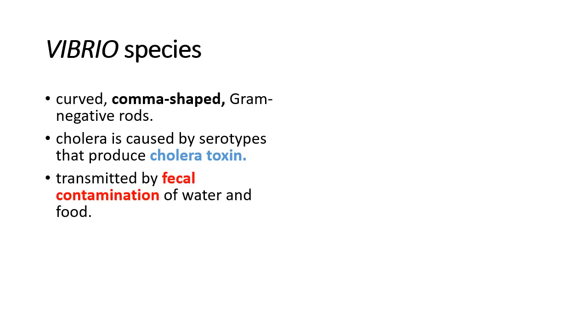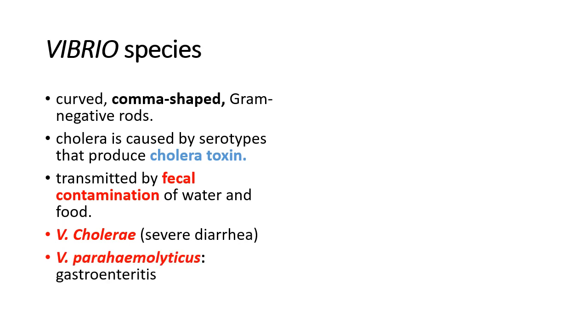And again, it's a gastrointestinal disease, so it's transmitted by feces. If you drink contaminated water or food, you can easily get sick with Vibrio, especially in endemic areas like India or poor countries. And we have two very important species in this group for you to remember: Vibrio cholerae, which causes severe diarrhea, and Vibrio parahaemolyticus, which causes a milder form of gastroenteritis.